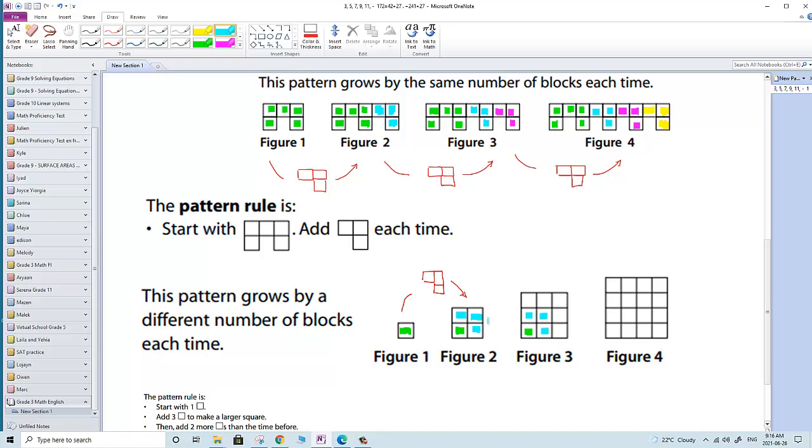I'm repeating figure 2, but this time I have extra 1, 2, 3, 4, 5. Whoa. So I am increasing something like that: 3 blocks on the top and 2 blocks down. So this is what I'm adding to get figure number 3.